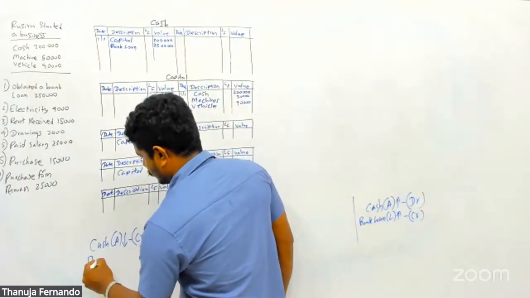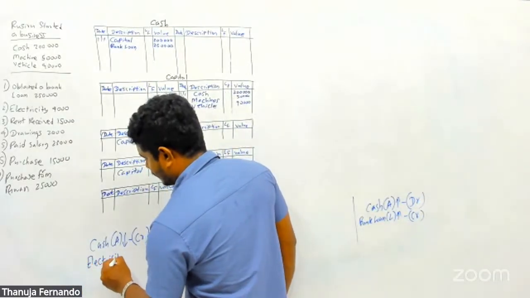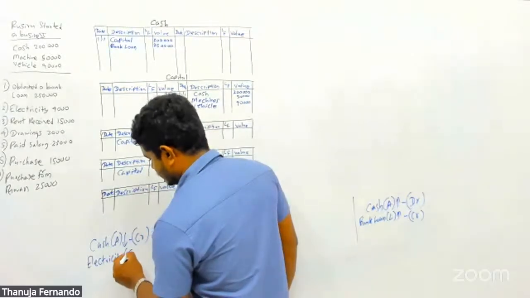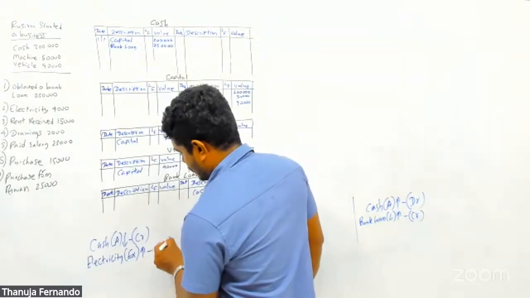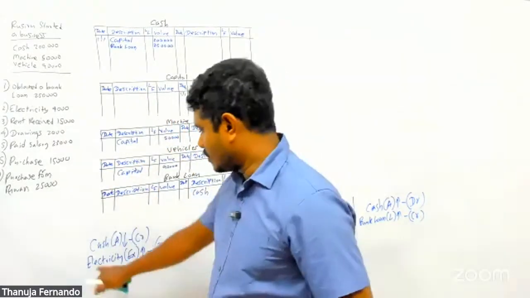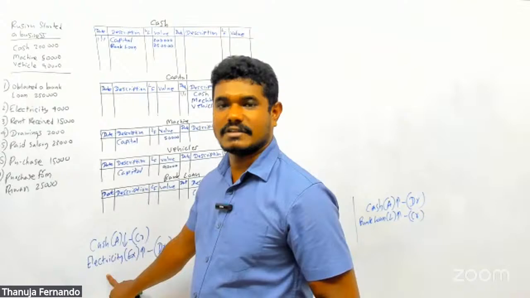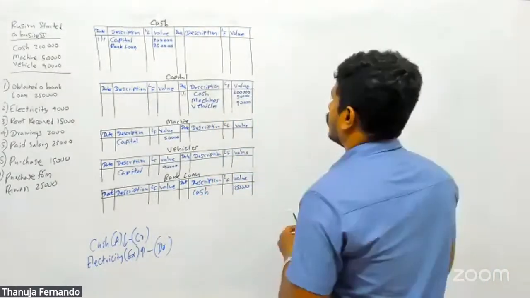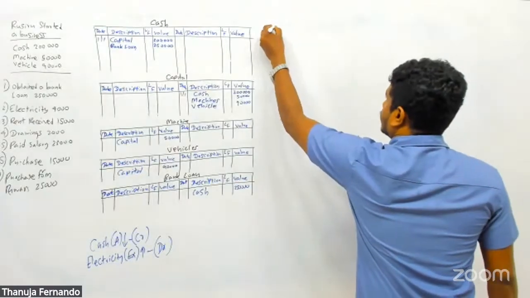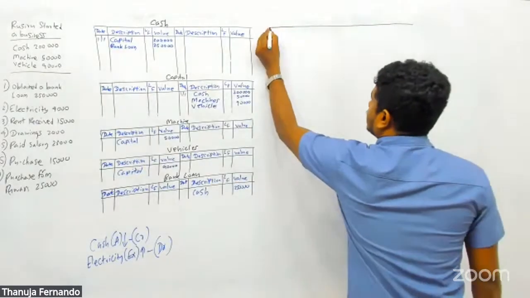Always increasing. Electricity is an expense increasing, debit. So we need two accounts, one for cash, one for electricity, right? So I'm going to prepare an account for electricity.